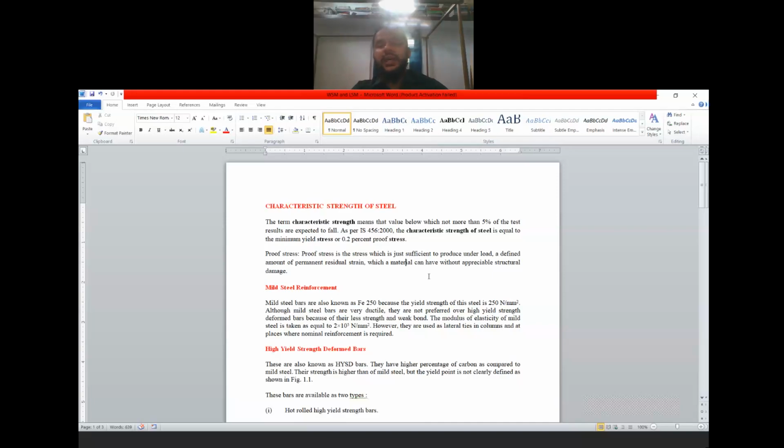Yield stress means the stress corresponding to a point on the stress strain diagram for steel.